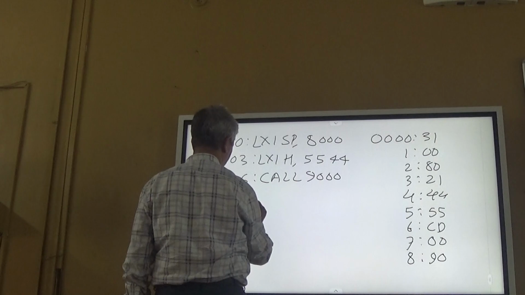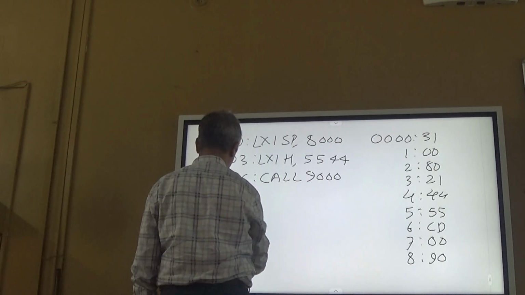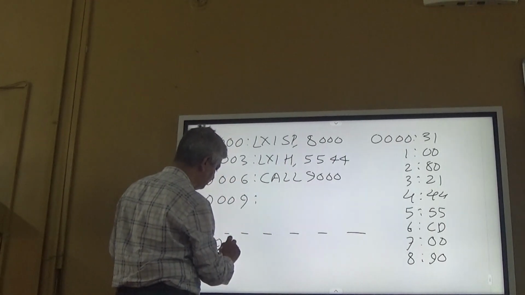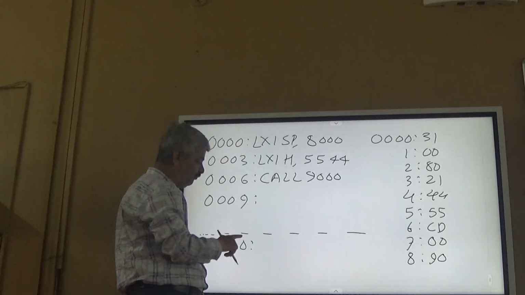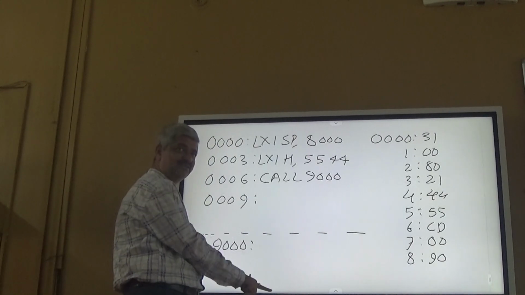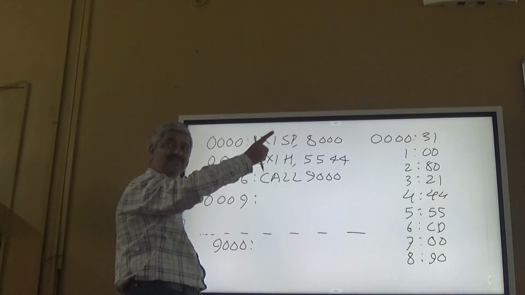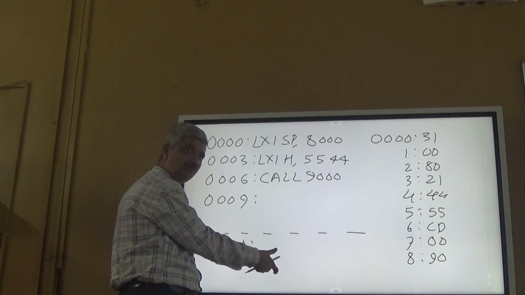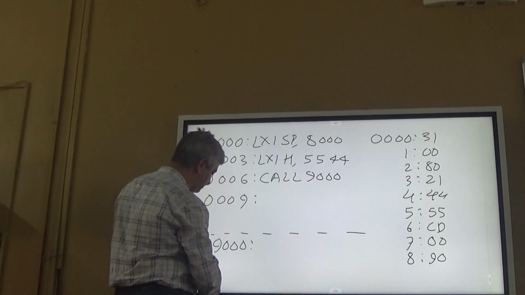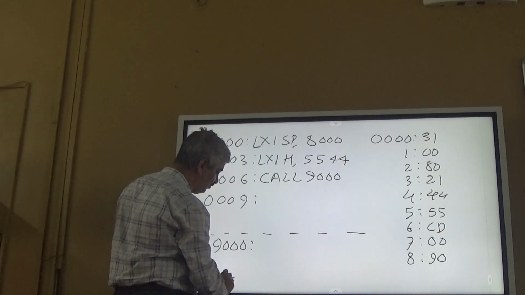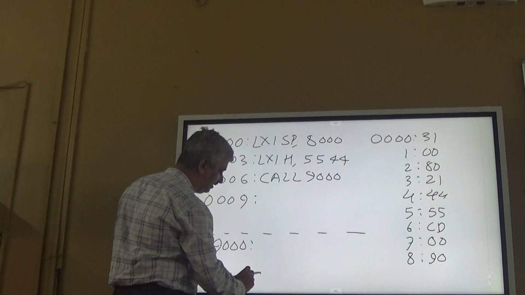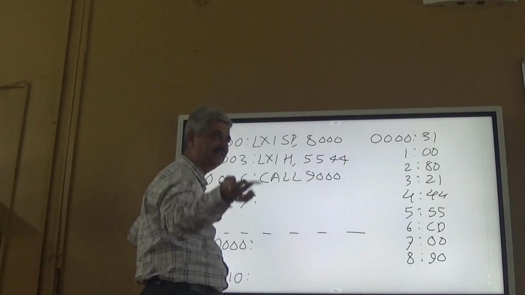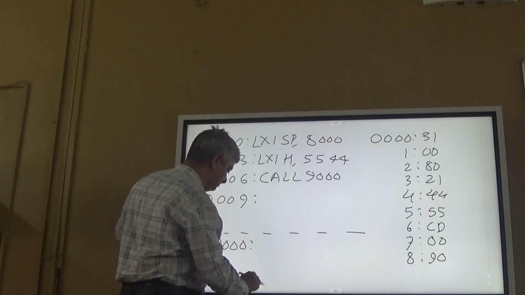Next, let us say that some other instruction, new instruction, and at 9000 we have the entire sequence of multiplication of H and L by a long program. From 9000 the program ends at say 9010, and it is POP PC, or POP PC is hypothetical, its actual name is return.